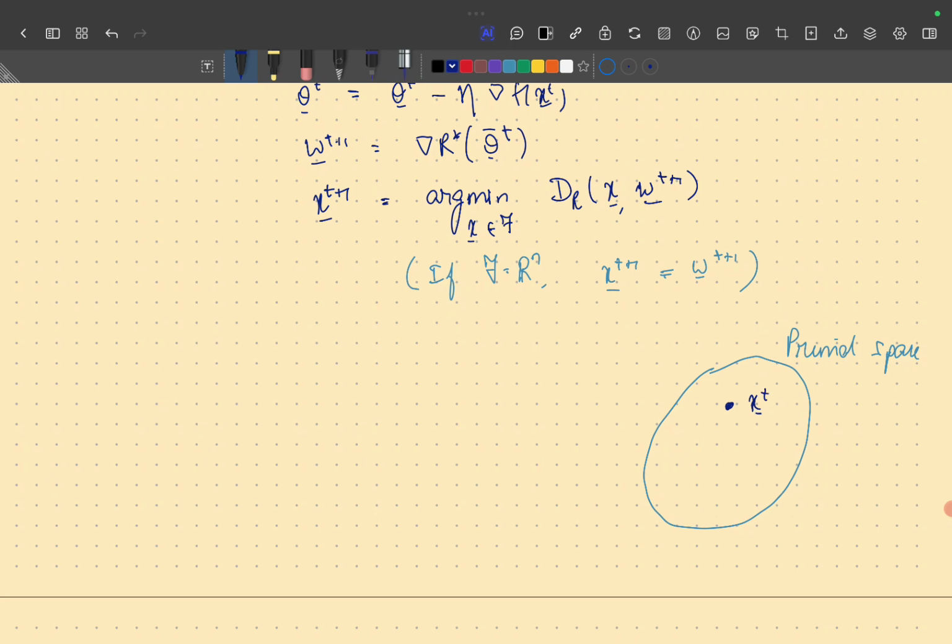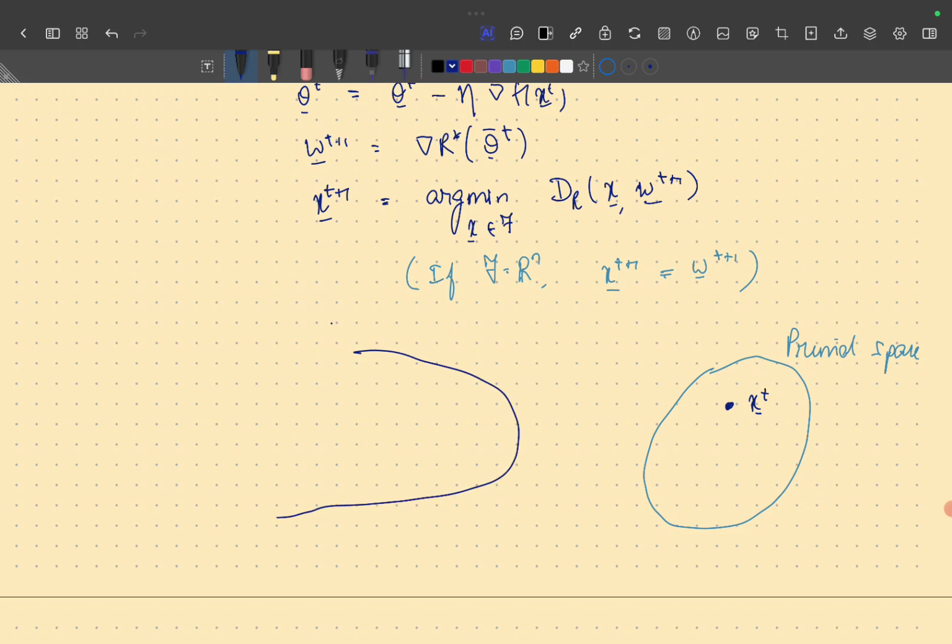In gradient descent, I would just take a step size in some particular direction to get xt plus 1. But now I do something totally different.